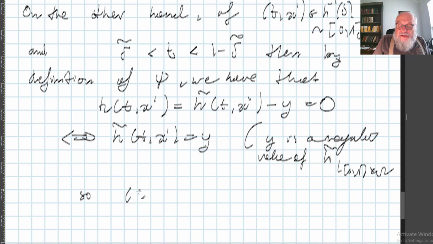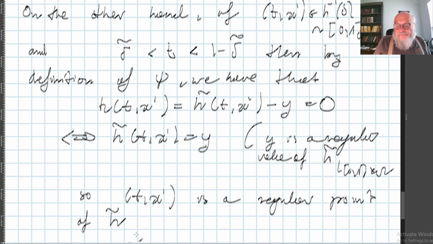So that means t x prime is a regular point of h tilde.